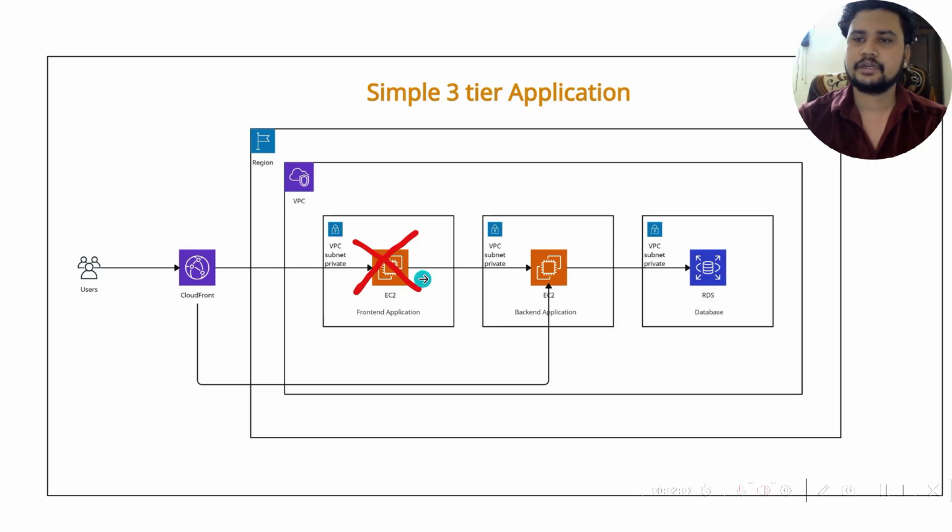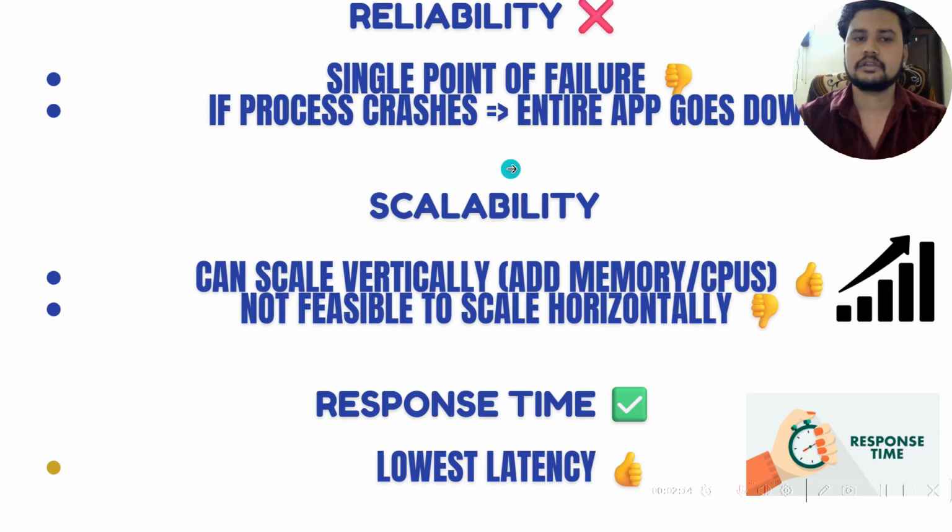Here, your front end application, which is an EC2 instance, crashed, it went down. So the entire application will not function. So that's why we say single point of failure. If the process crashes, the entire app goes down.